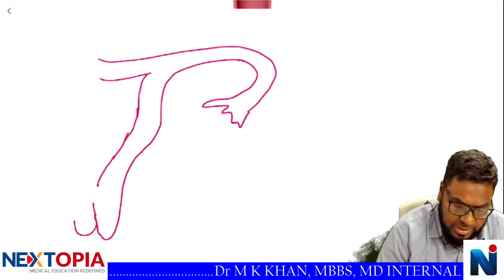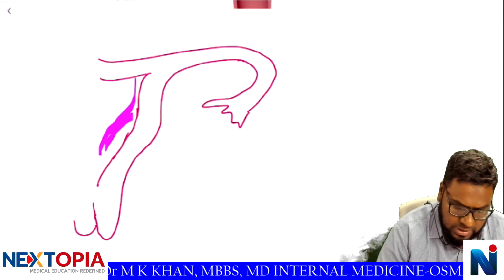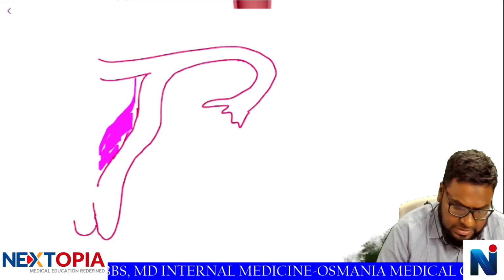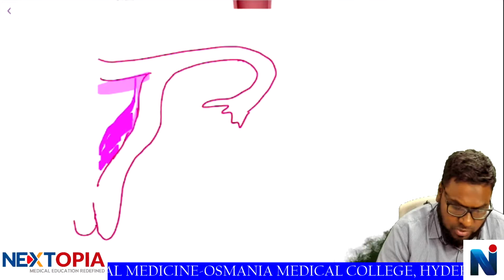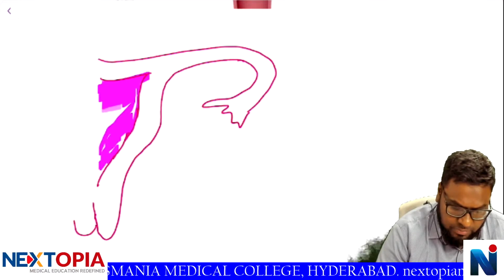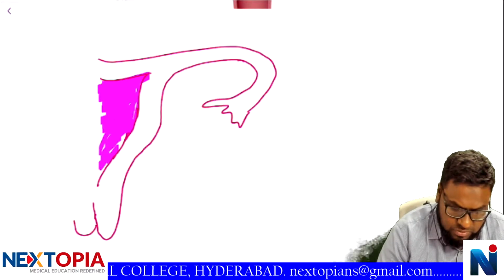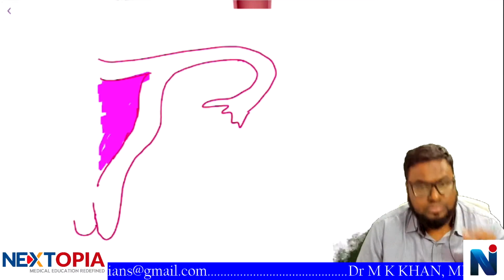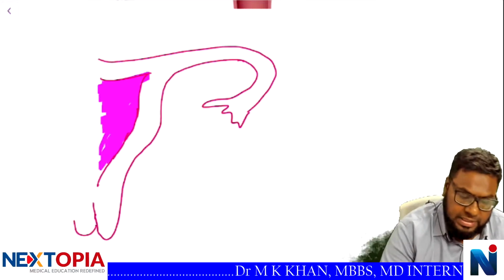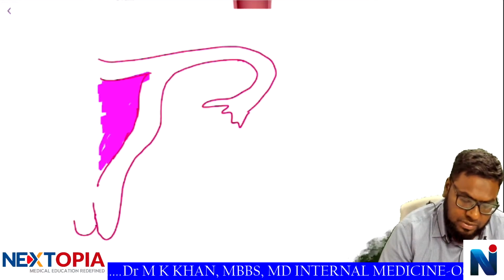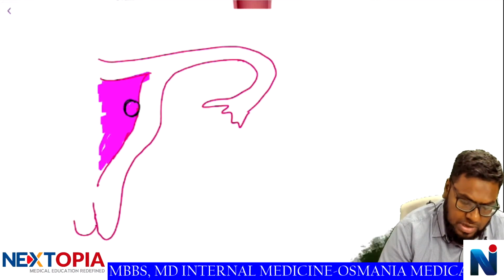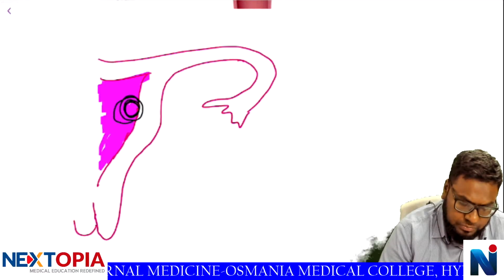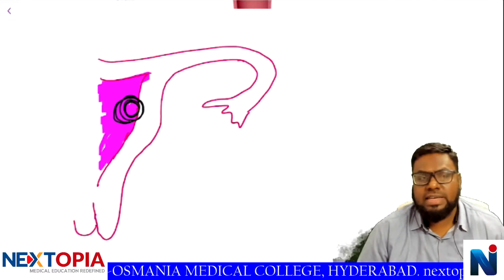In this area, the cells inside the endometrium undergo proliferation to form a very thick mass of cells. This you call a decidua. And in this decidua, we have the growing embryo, which is undergoing various changes.